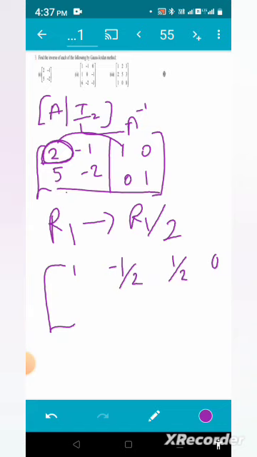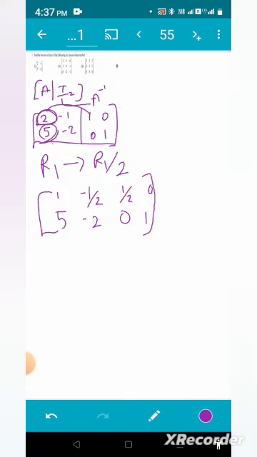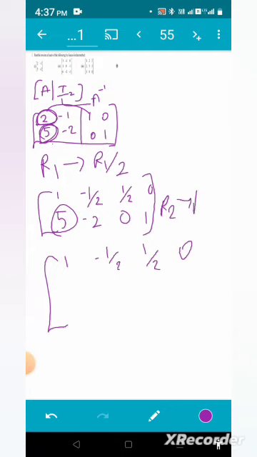Similarly, for R2, this is not 1, this is 0. So we get 0 here. First I put the same numbers, then in the second step the 5 is changed into 0: 1, minus 1 by 2, 1 by 2, 0. Then this 5 is changed into 0, so R2 gives R2 minus 5R1.